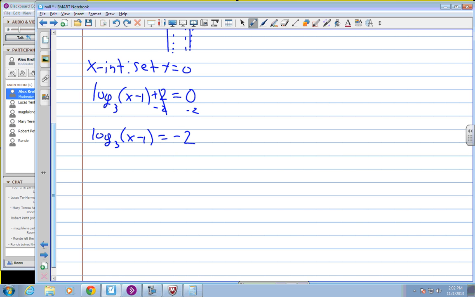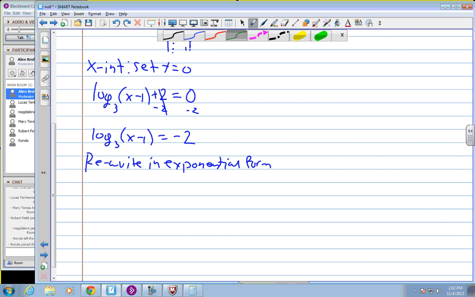Is that okay? That's the first operation. And now I will rewrite it in exponential form. That means 3 is the base raised to that power, the output, equals whatever's on the inside. So the same expression in exponential form is 3 to the power of minus 2 equals x minus 1.